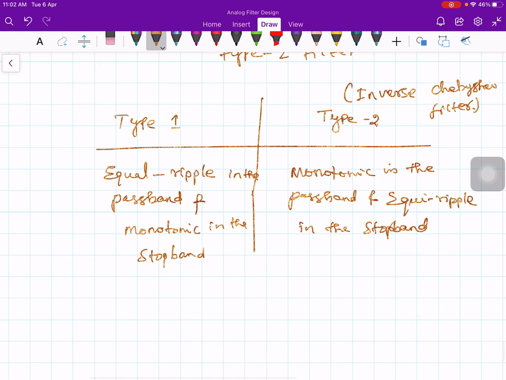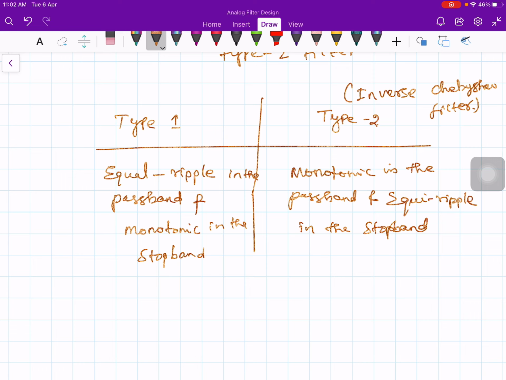Now obviously type 1 is the preferred filter. Why? Because a stop band is a stop band. We don't care whether it has ripple or monotonicity in the stop band.